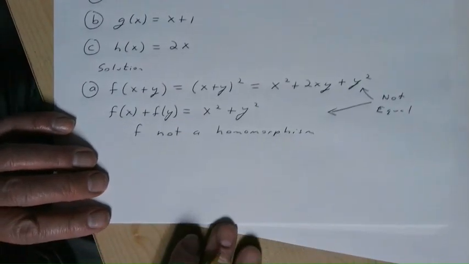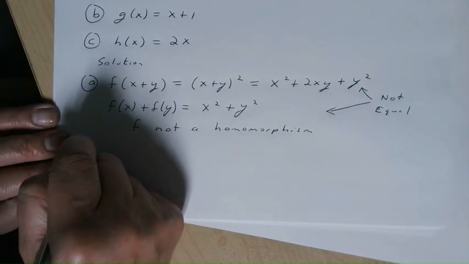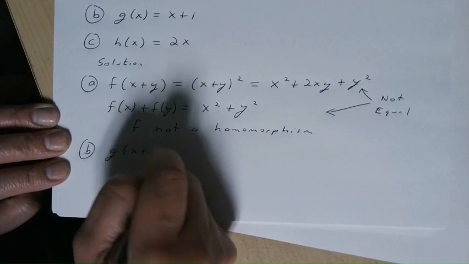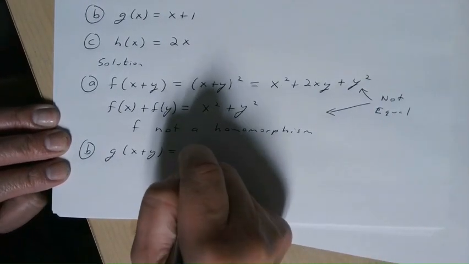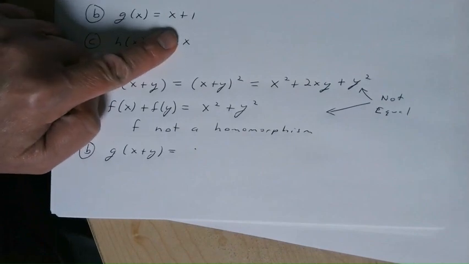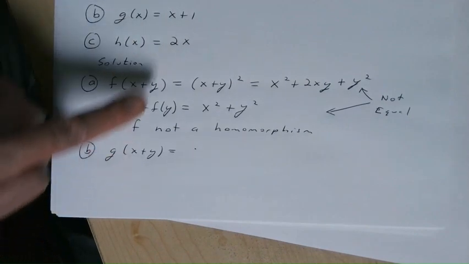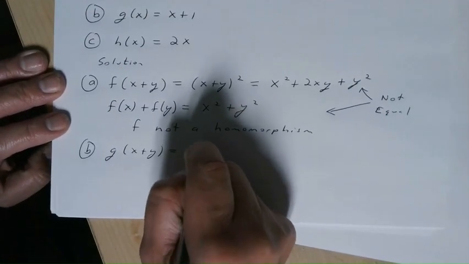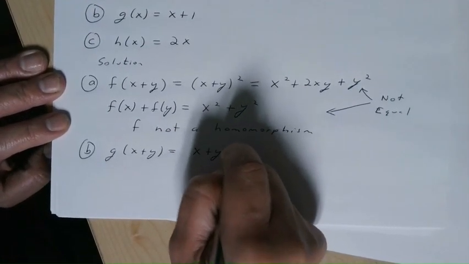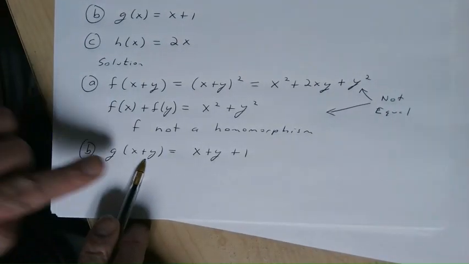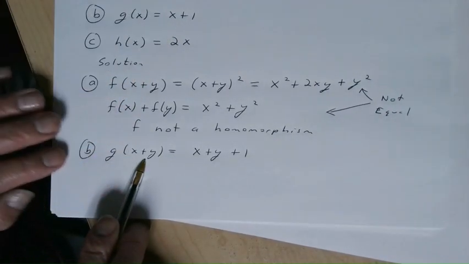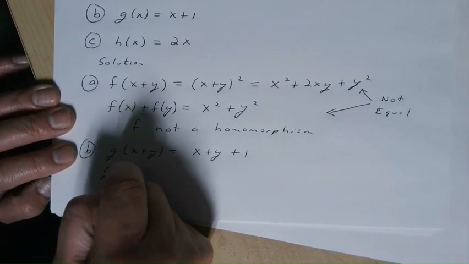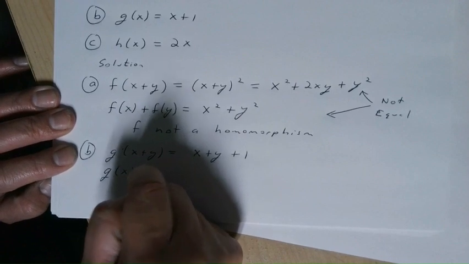So let's try the next one. Let's try g. So g of x plus y is going to be equal to, again, we put x plus y right in here into our function where x is. So that's x plus y plus 1. I simply put that into here. And now we want to do the addition of the two functions again, g of x plus g of y.